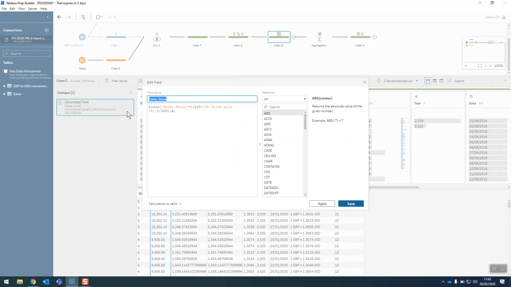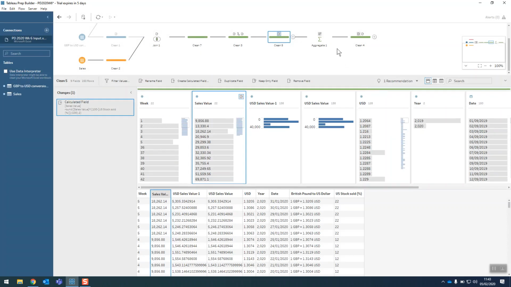So if you ignore the rounding bit for a minute, we're just saying multiply the sales value by 100% minus the percent that was from the US. And we're just doing a bit of rounding because it looks nicer. And obviously, generally, currency is with 2 decimal places.